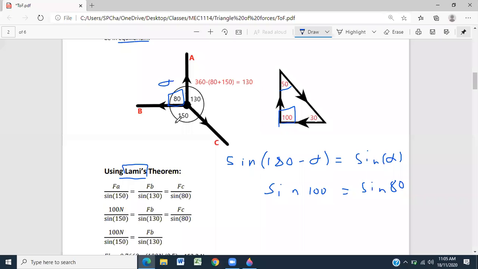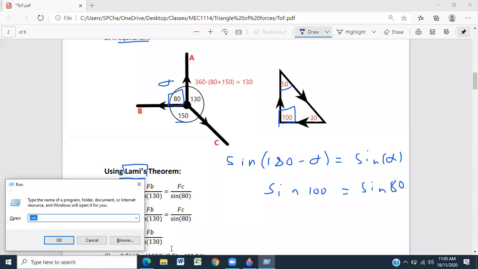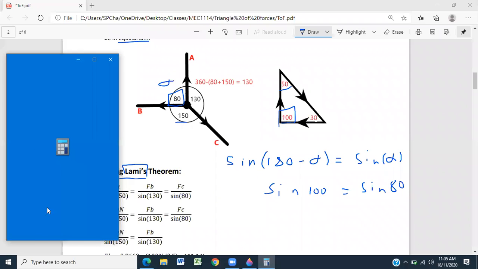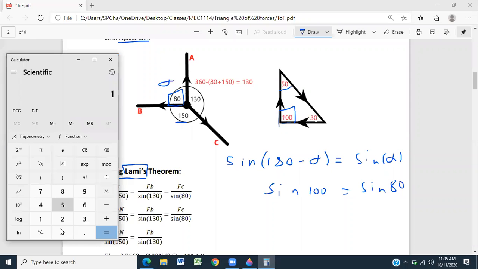And you can also do sine of 150 and sine of 30. So let's do the sine of 150 and sine of 30 on the screen so everyone can see. So 150, sine of that, 0.5, right?